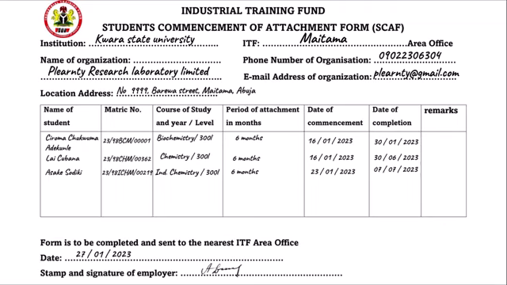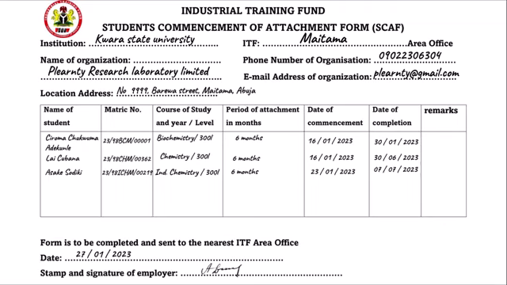Let's say there are 3 students in the same organization and they are from the same school. They can actually use, even if they are up to 4, 5, 6, as far as the space they have on that table is enough for all of them, they can use the same one single form to fill in their details.